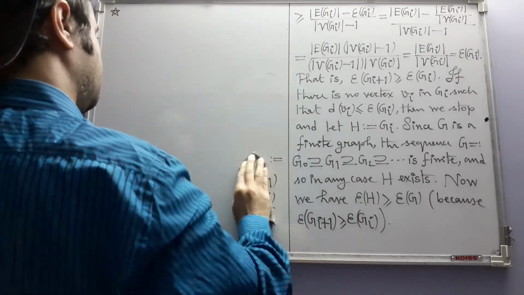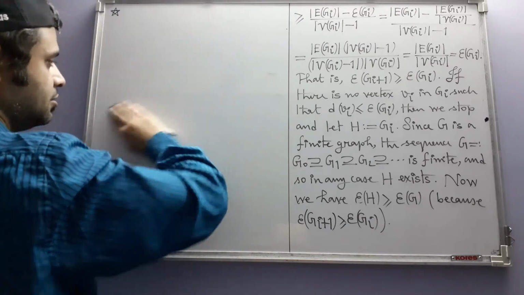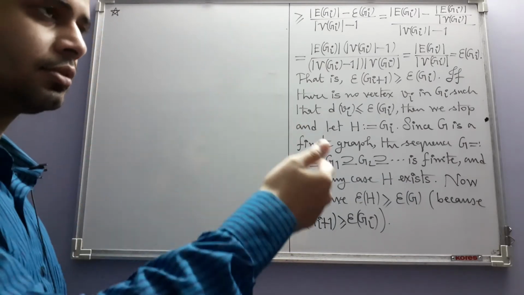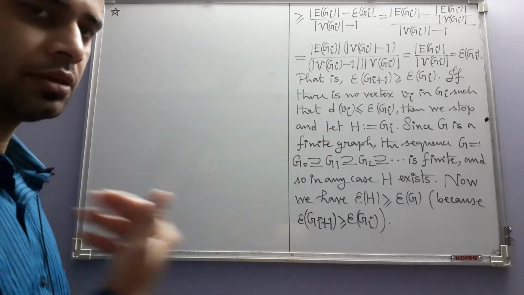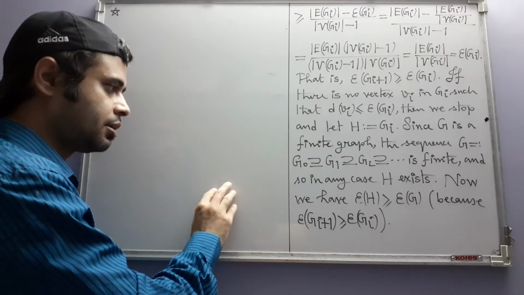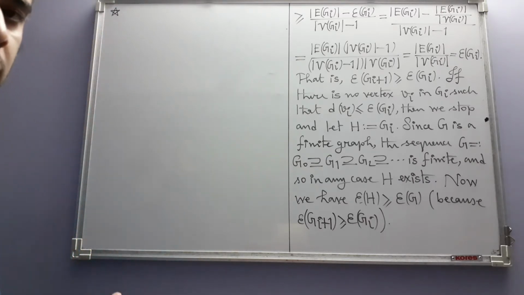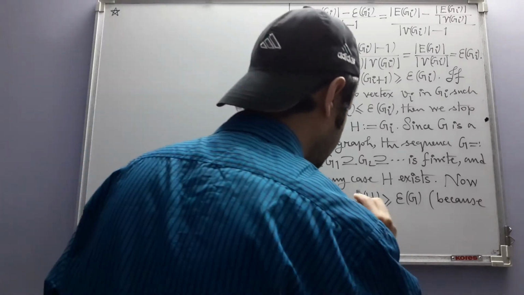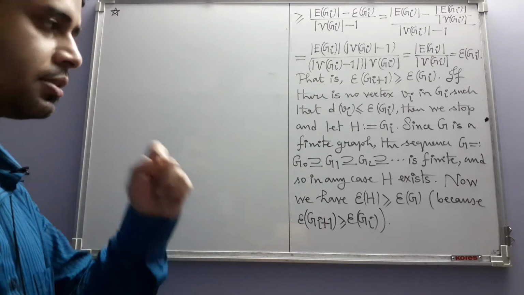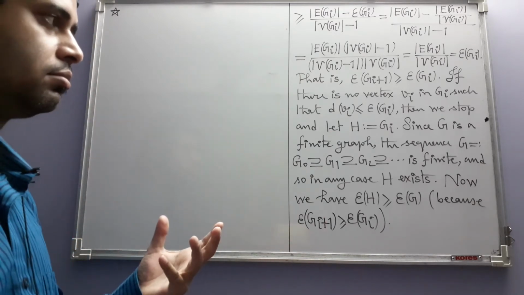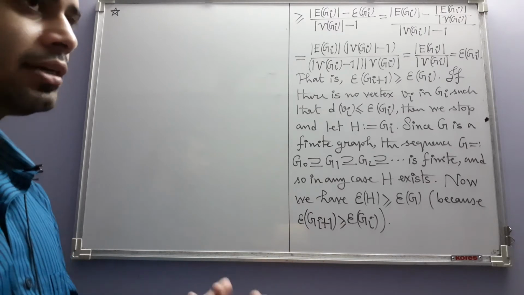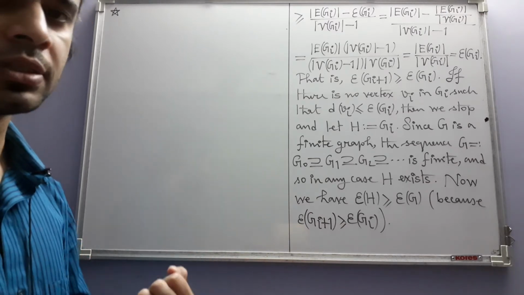Since we have obtained H by ultimately removing vertices from the original graph in steps, we have removed a number of vertices from the original graph, or we may not have removed any, in the case where the original graph itself qualifies to be H. But in any case, since in general we are removing vertices, it may happen, because we don't know yet, that H ultimately has nothing in it, that all the vertices get removed.